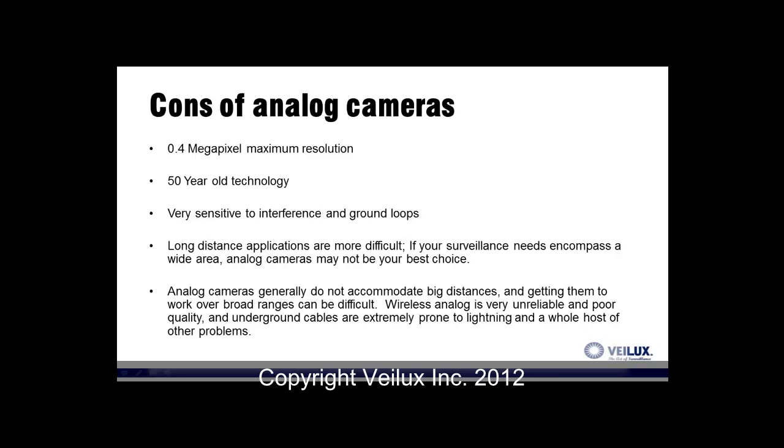Analog cameras generally do not accommodate long distances, and getting them to work over broad ranges can be difficult. Wireless analog cameras are unreliable and poor quality, and underground cables are extremely prone to lightning and a whole host of other problems.